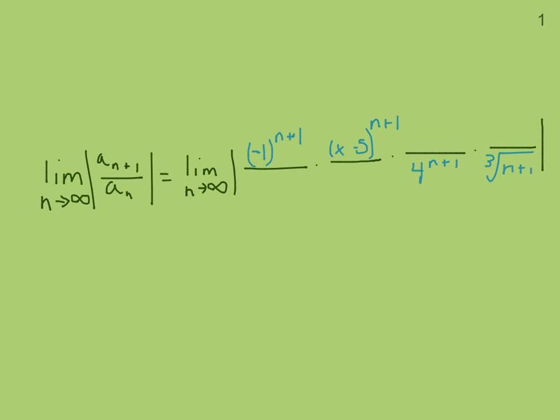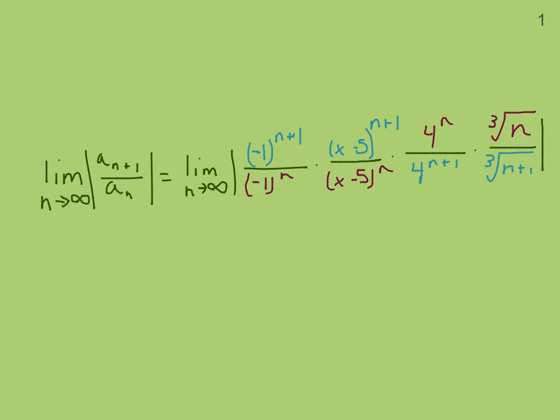The other terms will be using n. We have negative 1 to the n, x minus 5 to the n, 4 to the n, and finally the cube root of n.